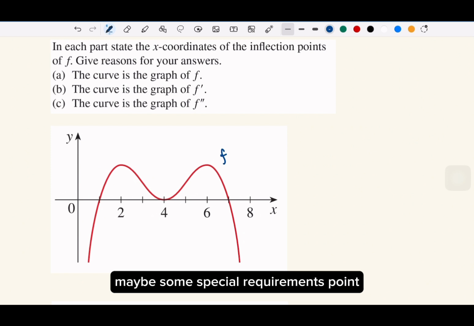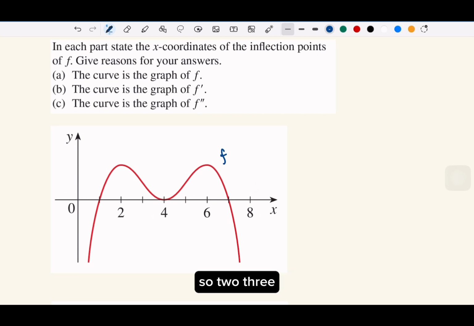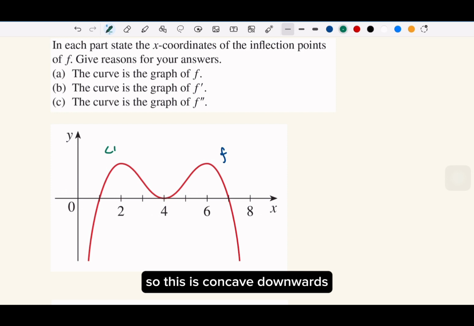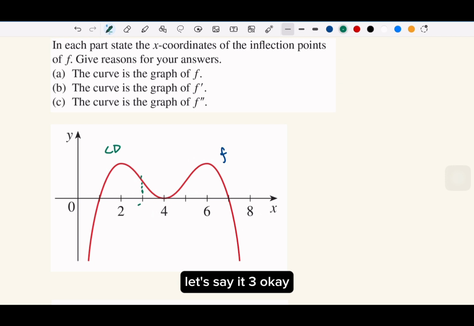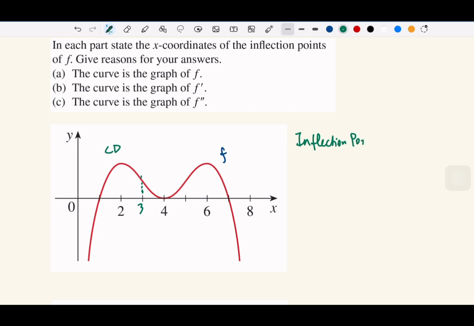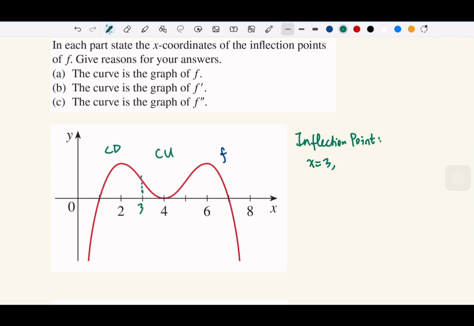And then we can look at some specific points and just make an assumption to make it easy. So 2, 3, 4, 5, right? Let's say this is 1, 2, 3, right? So this is concave downwards. Let's say it's going to be this one. To make it easy, let's say at 3, okay? So at x equal 3 is the inflection point, and then this is concave upwards.